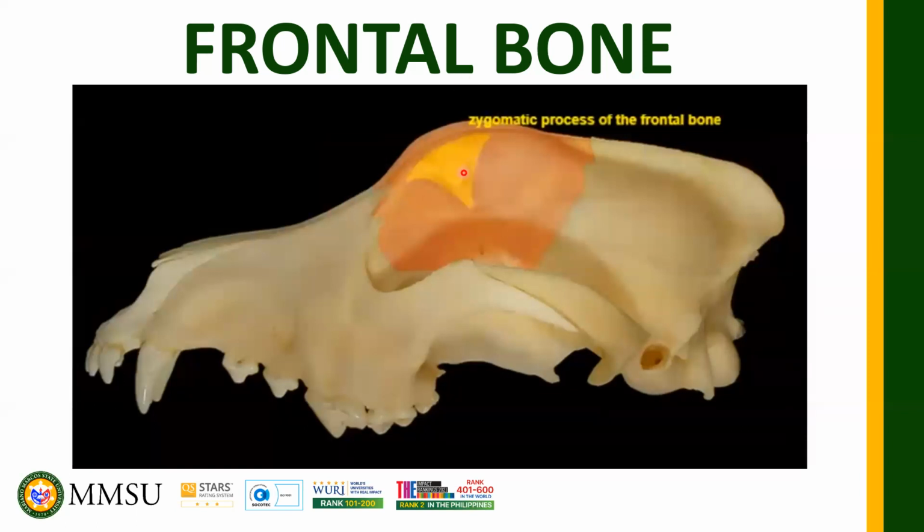So that is usually a bony structure that extends laterally from the skull and contributes to the overall shape and stability of the skull. So, ano ba yung purpose ng zygomatic process? It usually provides yung structural support to the sides of the skull, particularly the region of the face.